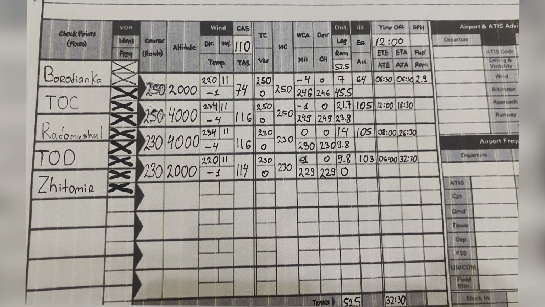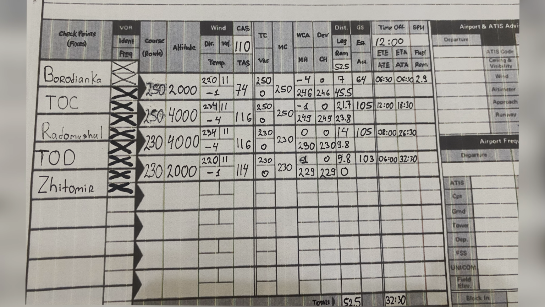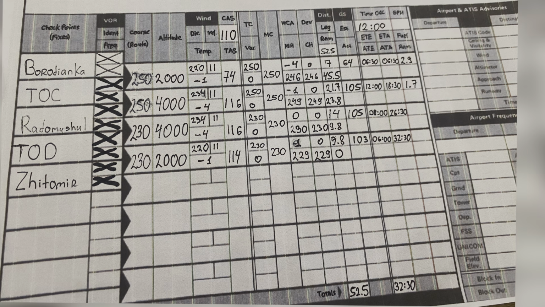So the estimated fuel for the first leg will be 2.9 gallons. At the next leg, using the table from the flight manual, we can calculate that fuel for this leg will be 1.555 gallons. However, because of headwind, ground speed is less by 10%, so I will add 10% of fuel for this leg. So the estimated fuel for the second leg will be 1.7 gallons.